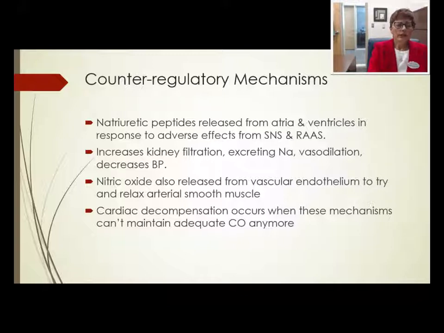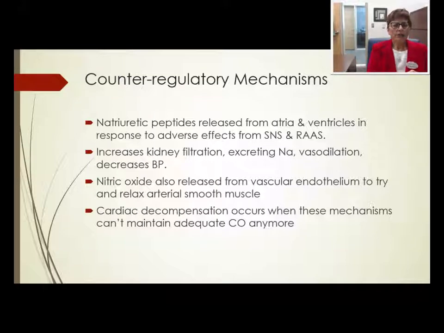This increases our kidney filtration, helps us release sodium, helps us vasodilate, and decreases our blood pressure. There's also another counter-regulatory mechanism called nitric oxide, released from our vascular endothelium to try and relax that arterial smooth muscle in our peripheral system.